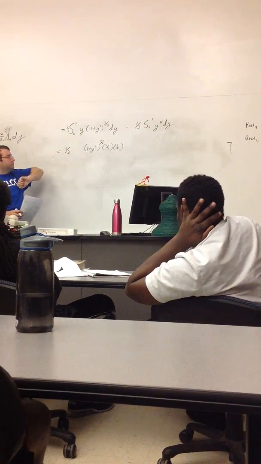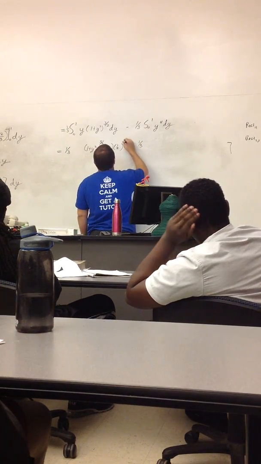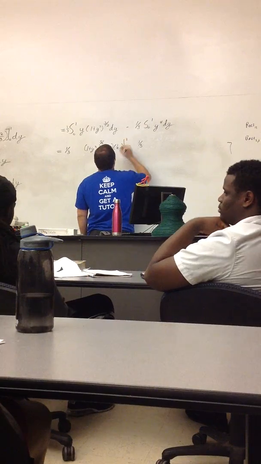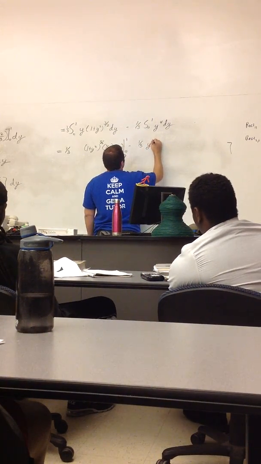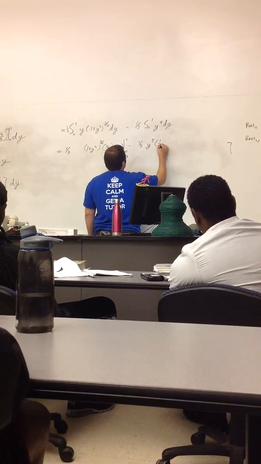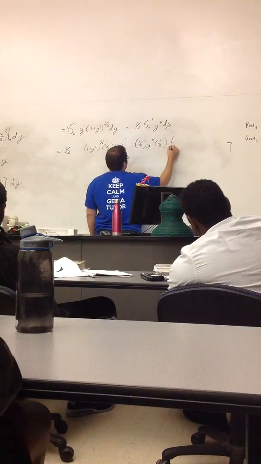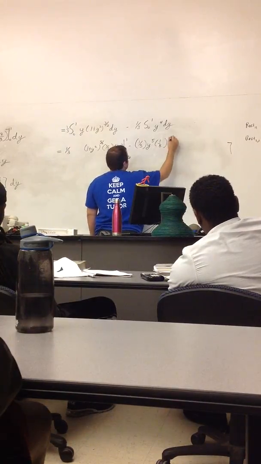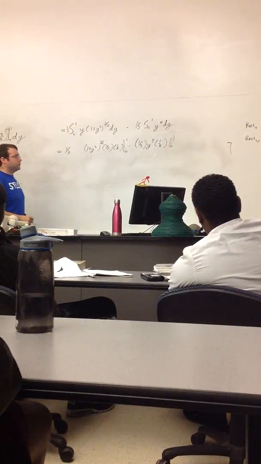Here to here. So, minus 1/3 y to the 5th over 5, evaluated from 0 to 1. You're not missing one?